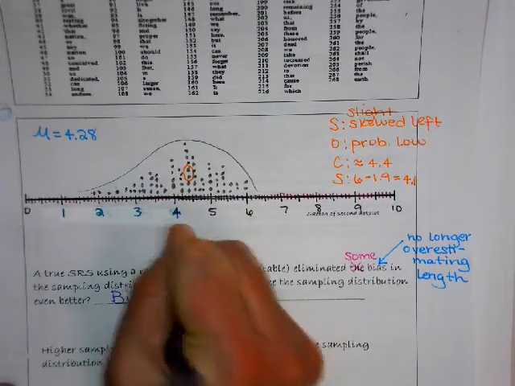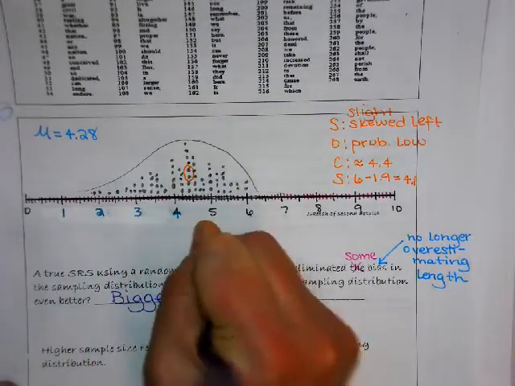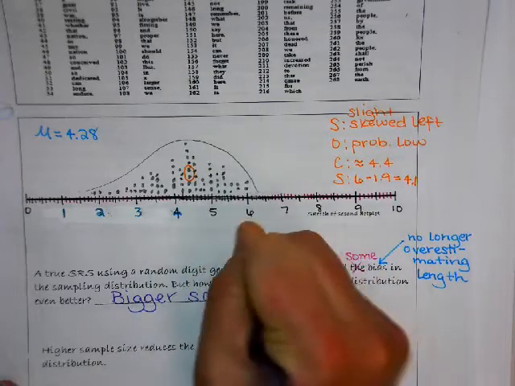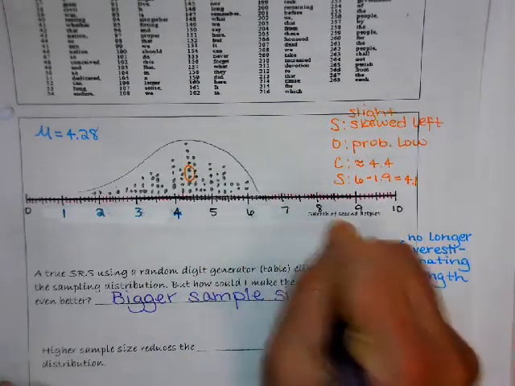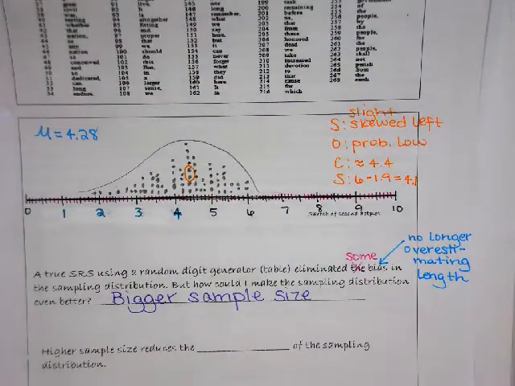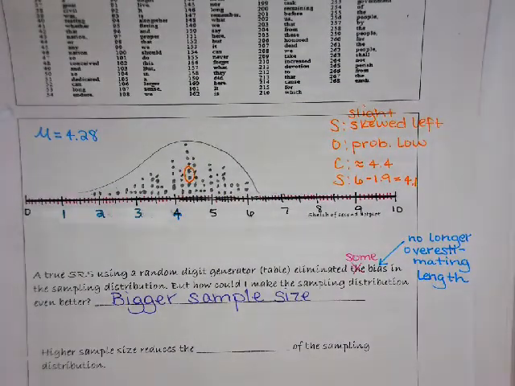So I had you guys do a sample size 5 because that's pretty attainable for you to do, especially in a class when I'm having you do 5 samples. But if we wanted to reduce our bias even more, we could do that by making our sample size bigger. The higher the sample size, it reduces our variability.